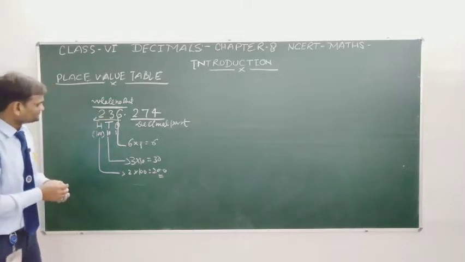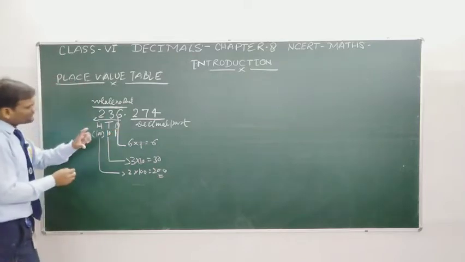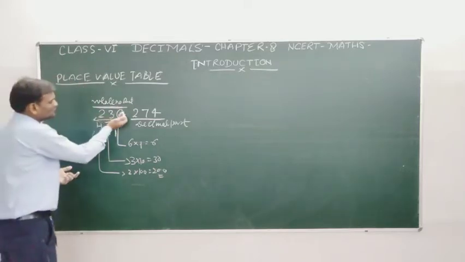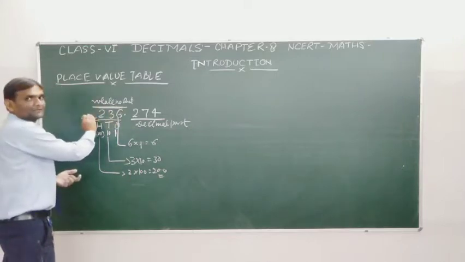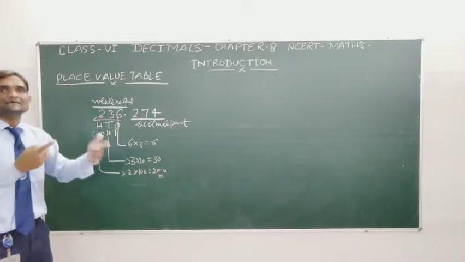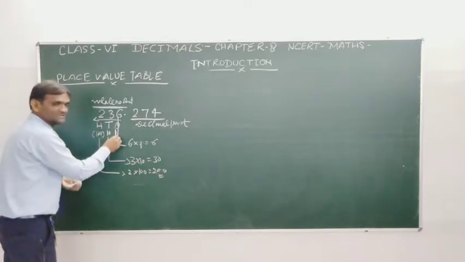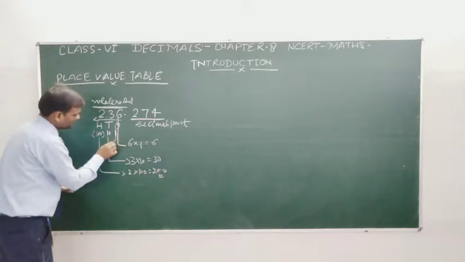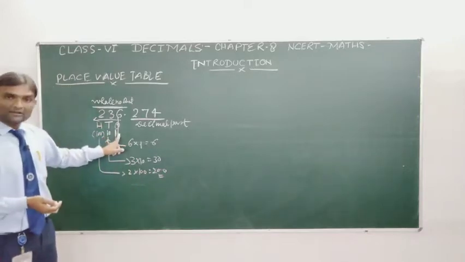So, student, you are seeing here that when we move right to left in the whole number part, the number increases 10 times. Look here, this is 1, and when we move from 1 to 10, we get 10, and 10 is 10 times of 1.